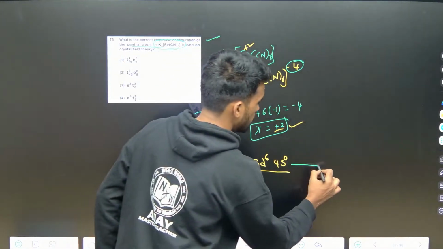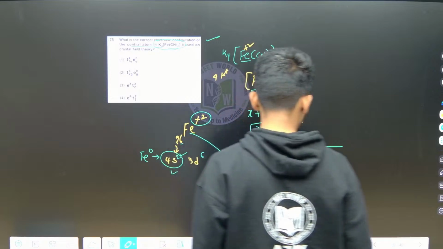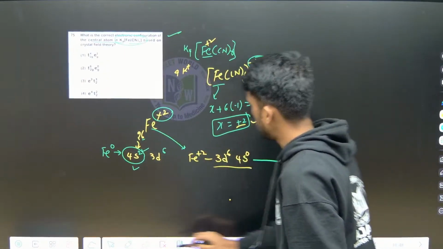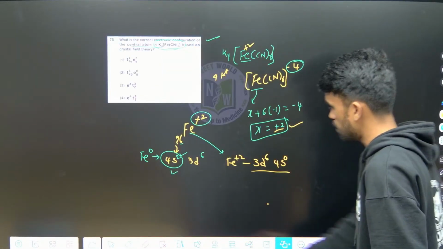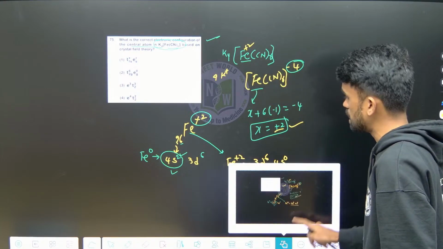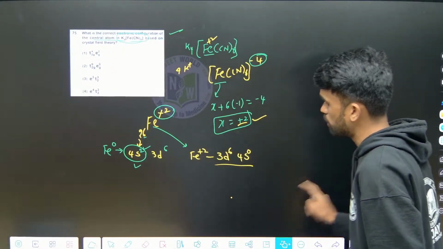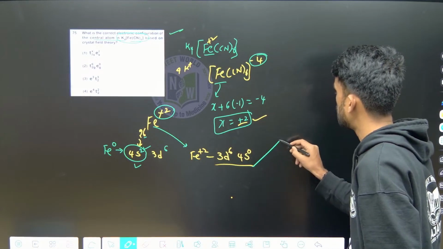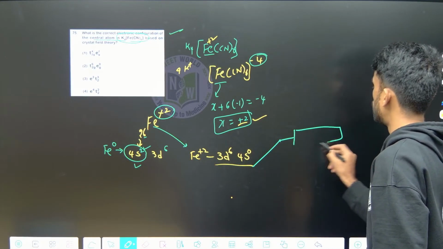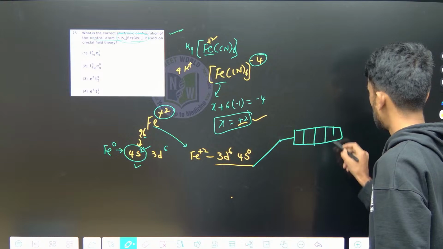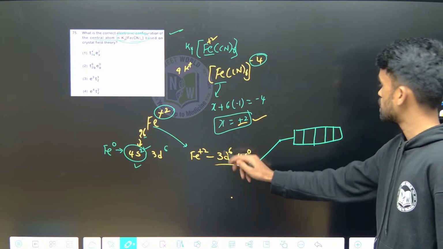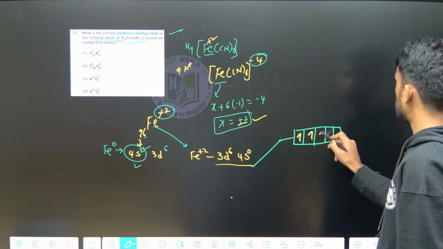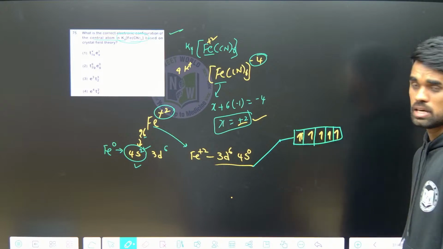When this metal atom is placed in the ligand field, the d orbital degeneracy is lifted like this. How many electrons are there? 6 now. 1, 2, 3, 4, 5, 6, like this.